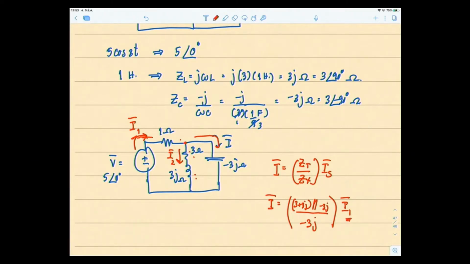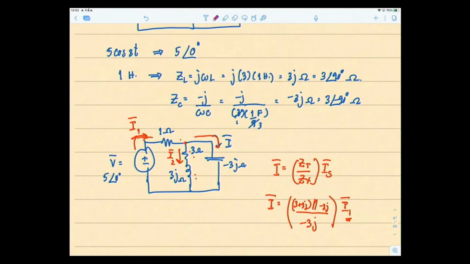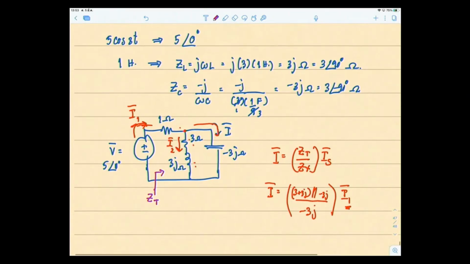But I'm missing I1, so I'm going to find I1 first. I1 is simply the total current coming out from the voltage source, provided to all the impedance in the circuit. So I have to find the total impedance of the circuit. Looking in from this purple arrow, you condense from the further side, away from you, and move inwards.